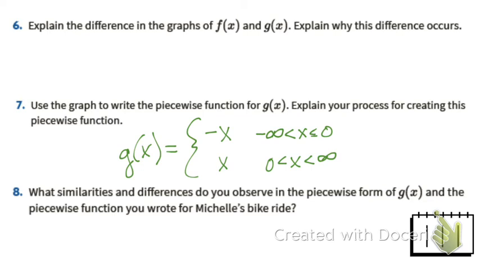Okay? Good. Any other similarities or differences between Michelle and just this generic g of x? The first one has a bigger slope. Okay, whereas this one here, it's a little bit less of a slope. So a lot of different things that we can draw from and compare for g of x and the equation that we wrote for Michelle.